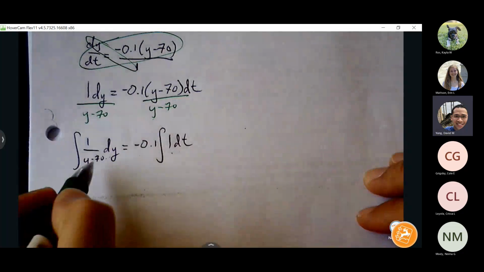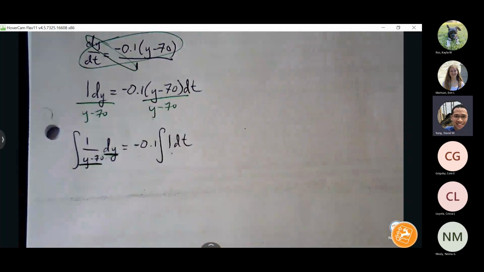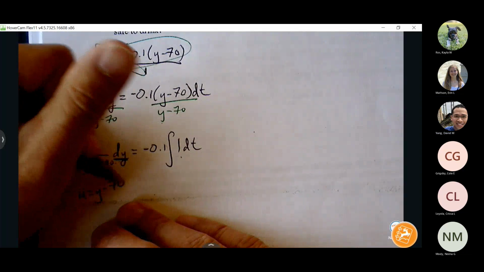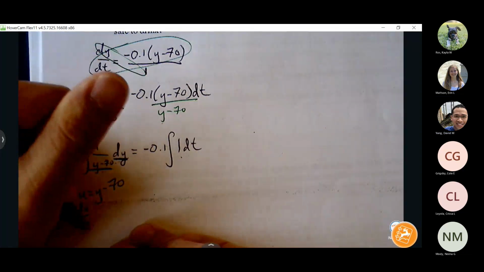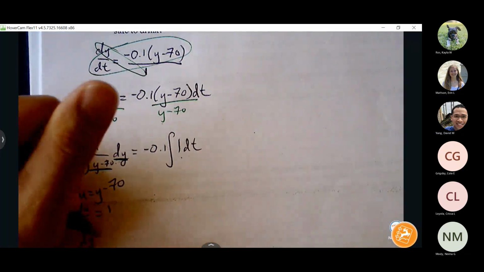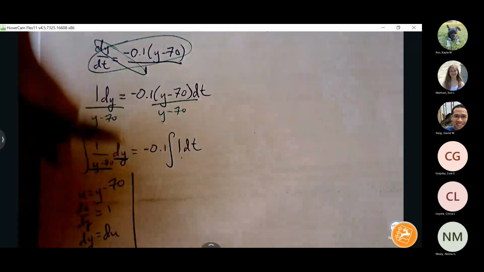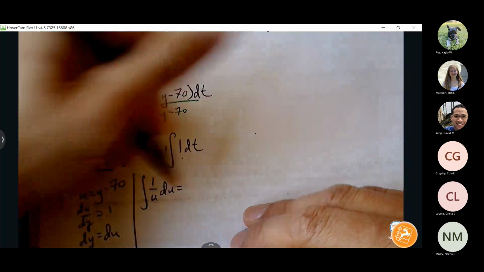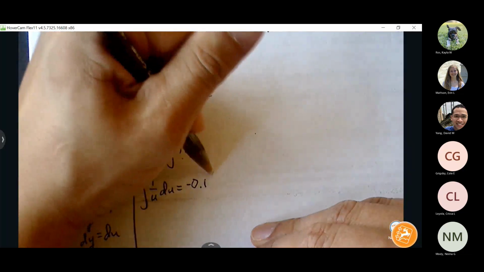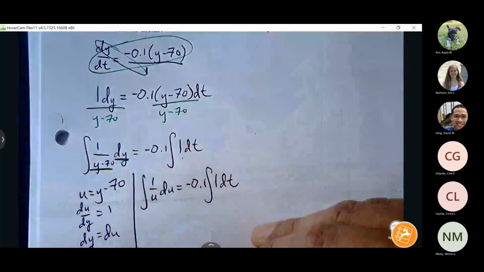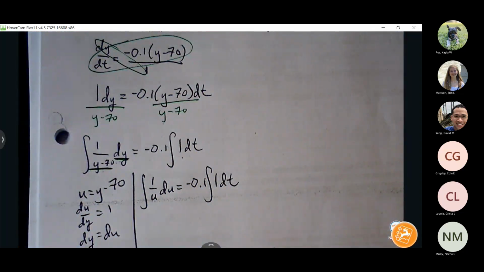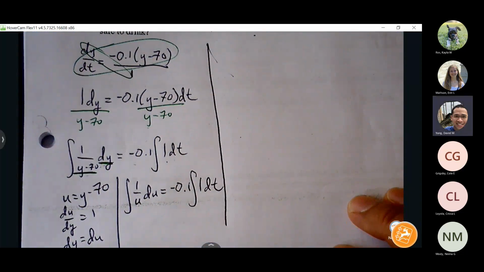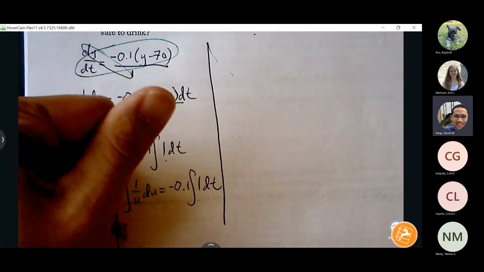A little bit of u substitution on the left, but we shouldn't be expecting a whole lot from the derivative. Okay, 1 over u becomes natural log absolute value of u.